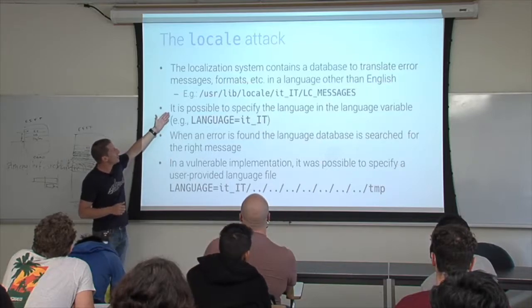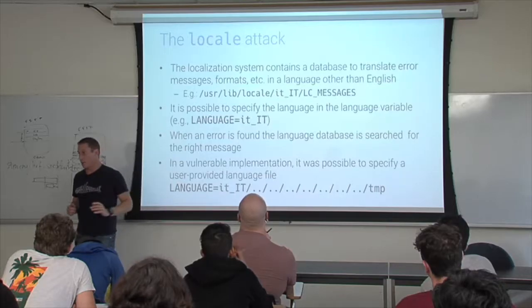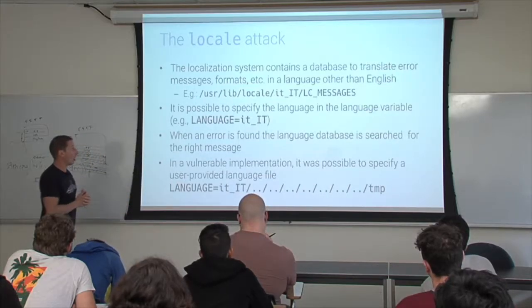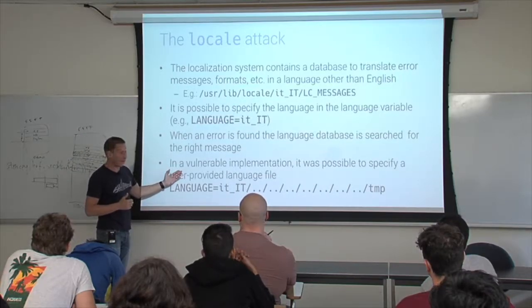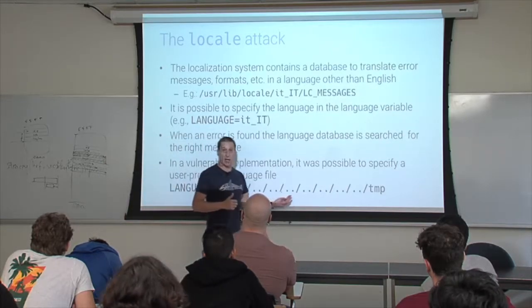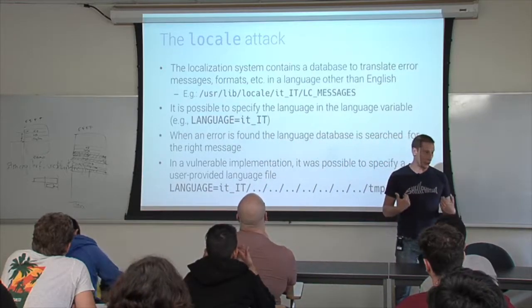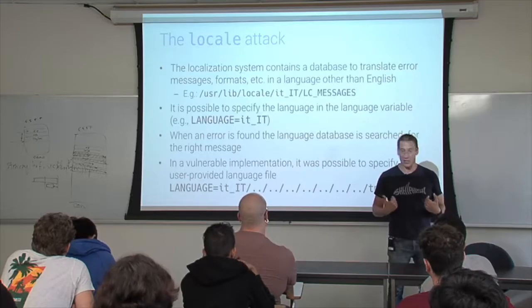The cool thing is that you could specify a language using an environment variable, okay? The awesome stuff is that there was a vulnerable implementation where you could use an attack to specify your own version of the localization messages.